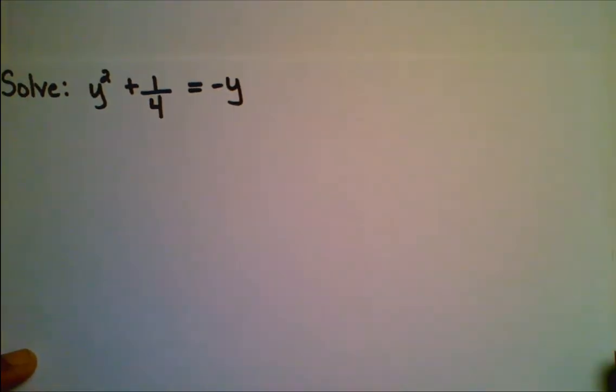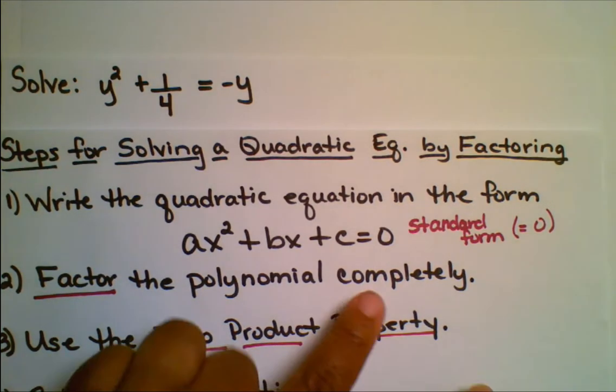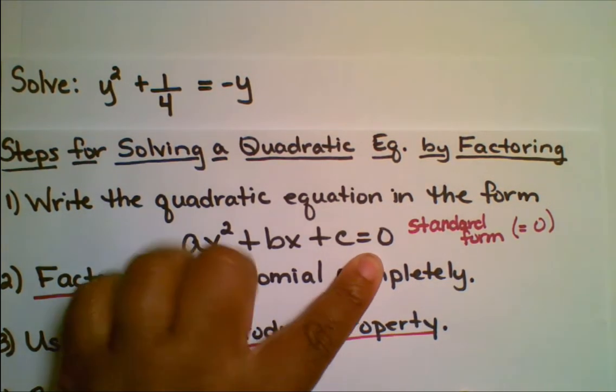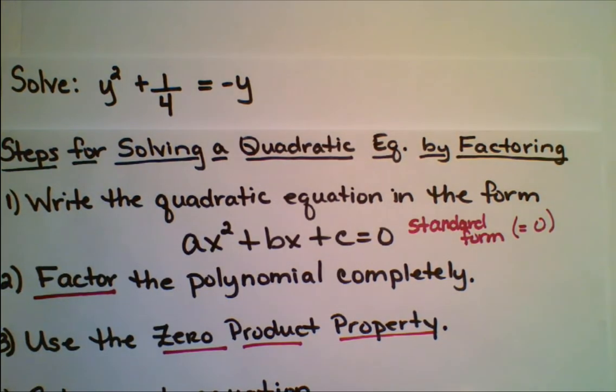We have here y squared plus 1/4 is equal to negative y. We want this equation to be written in standard form. We want it equal to 0. Well, here it is equal to negative y. That's not what we want.